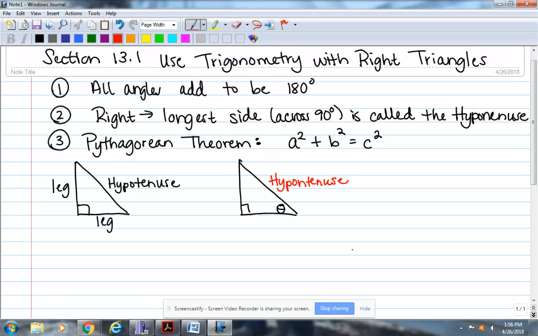The leg that touches angle theta is called adjacent. Adjacent means beside it. The one that does not touch angle theta is called the opposite. So depending on where your angle is, you have an opposite leg and an adjacent leg, and the hypotenuse is still the hypotenuse.